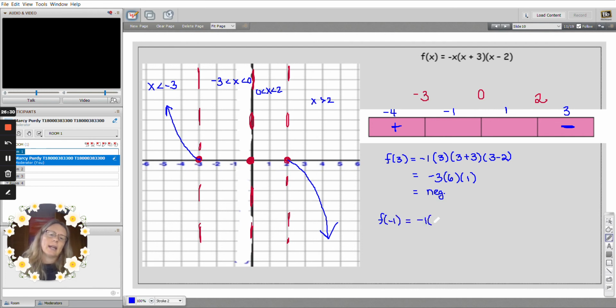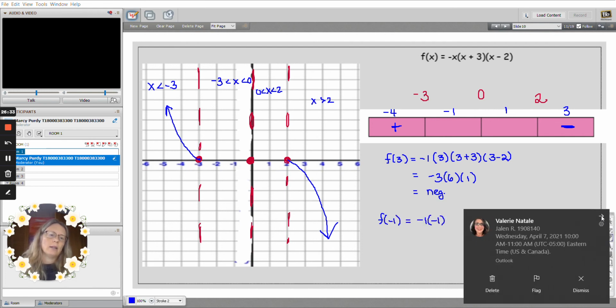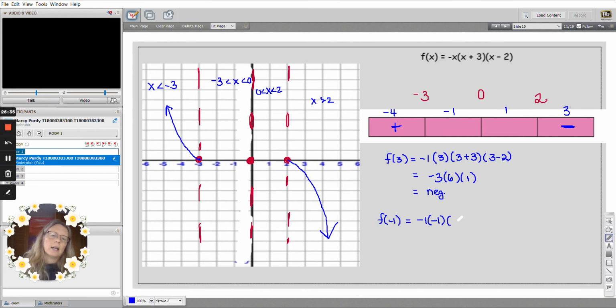So I get -1 times -1 times -1 plus 3 times -1 minus 2. So that gives me 1 times 2 times -3. And that also is going to be a negative. 2 positives times a negative will be negative, and it'll be -6.